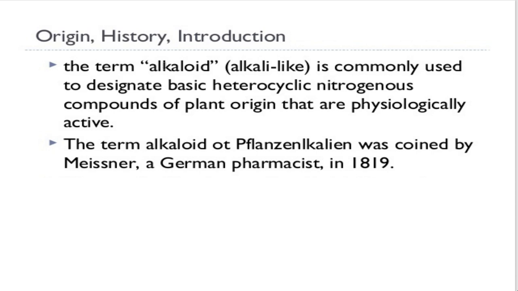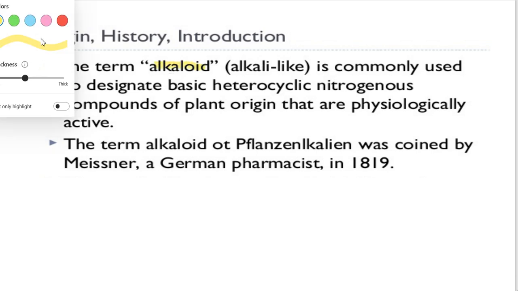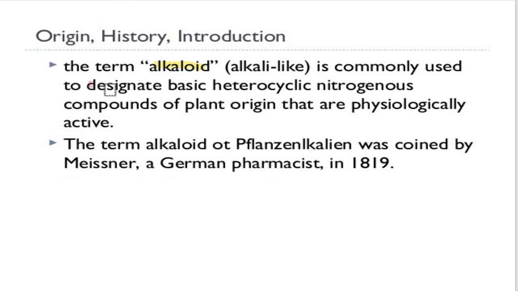The term alkaloid comes from alkali-like, which is commonly used to designate basic heterocyclic nitrogenous compounds of plant origin that are physiologically active. The term was coined by Meissner, a German pharmacist, in 1819.